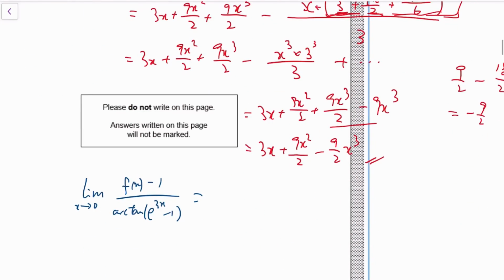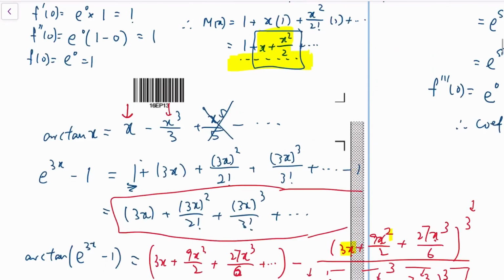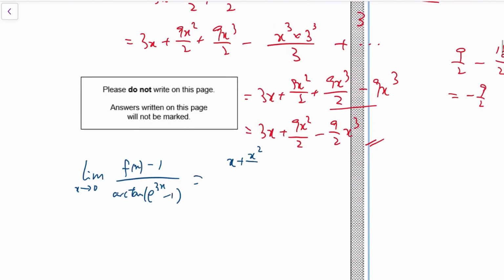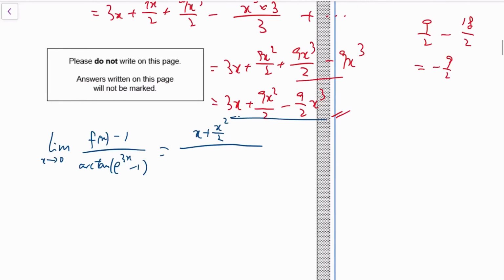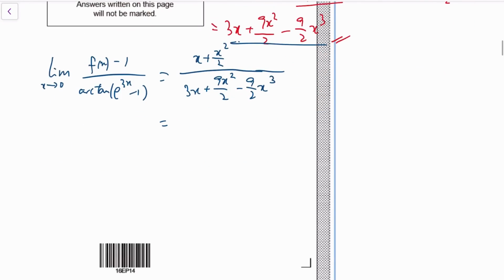So it's x plus x squared over 2, over the arctan thing, which was 3x plus that minus that. Obvious thing to do: take out x for both top and bottom and cancel it out. So it's 1 plus x over 2, over 3 plus 9x over 2 minus 9x squared over 2.